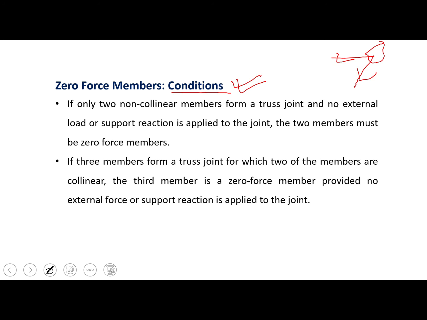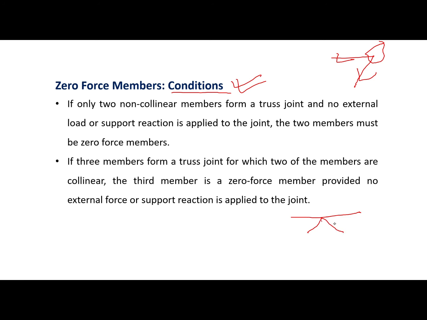Similarly, if three members form a truss joint for which two of the members are collinear, then the third member is a zero force member, provided no external force or support reaction is applied at that joint. So suppose we have a truss like this and this is the joint, with members acting like that.